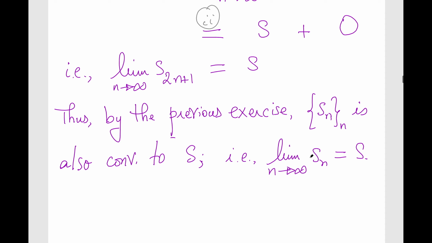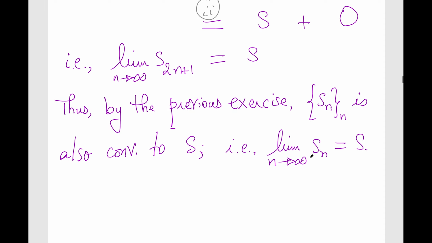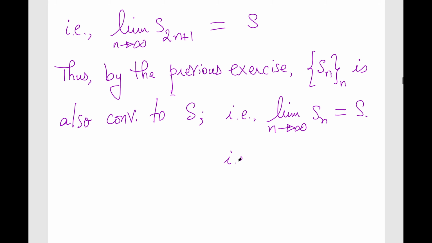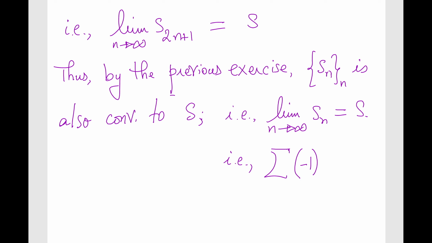The limit is by definition the sum of the series. So the series sum of (-1) to the power n plus 1 times an is equal to S, where n starts from 1 to infinity. Correct?